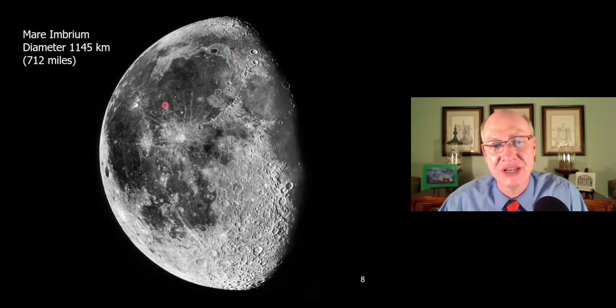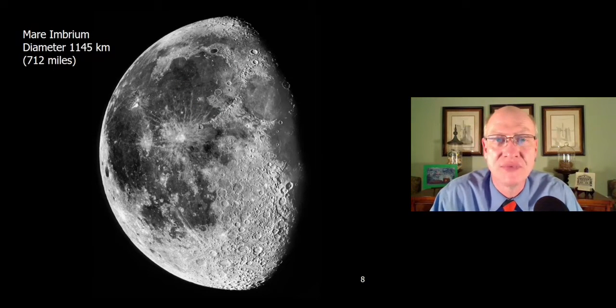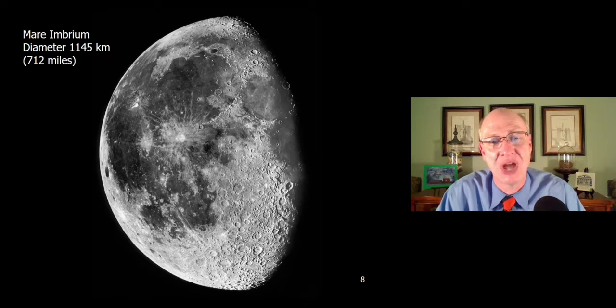As you can imagine, this round circular feature, you will notice that many of the seas on the moon are round. The roundness comes from the fact that these are impact basins. Mare Imbrium is an ancient old impact basin. The mountains that you see are actually the rim of the crater, and the crater has since been filled in by lava. That's why it looks very flat and smooth, because the lava flowed up and filled in that giant crater.